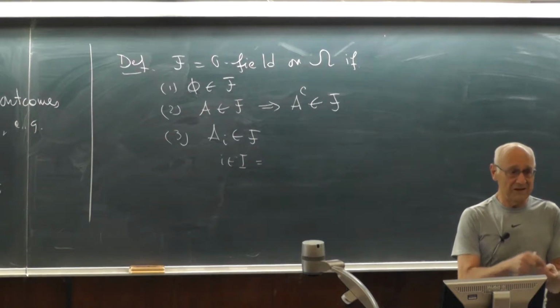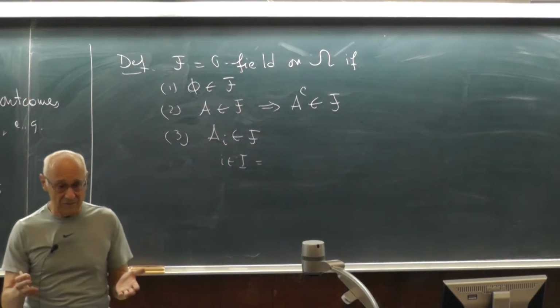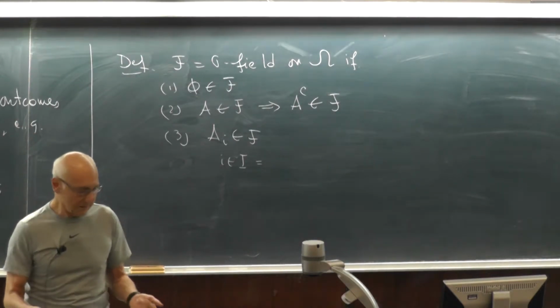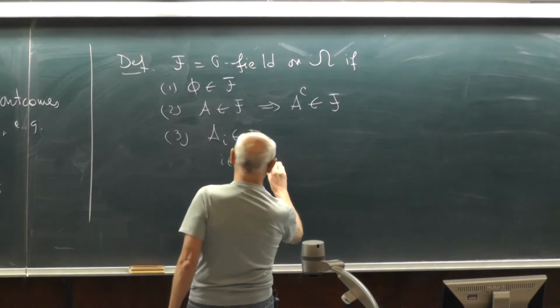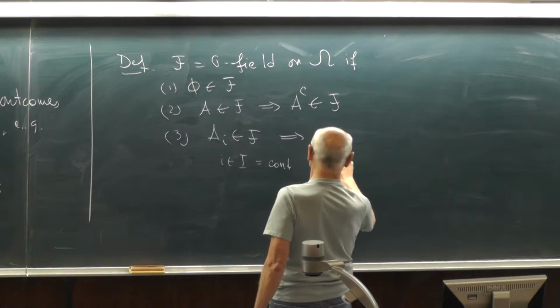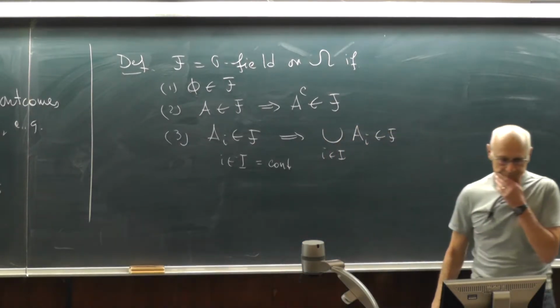That is, you can say, I have A1, A2, A3. The interval 0, 1 of the real line is not countable. It's uncountable. Okay? Countable implies that the union is also in F.